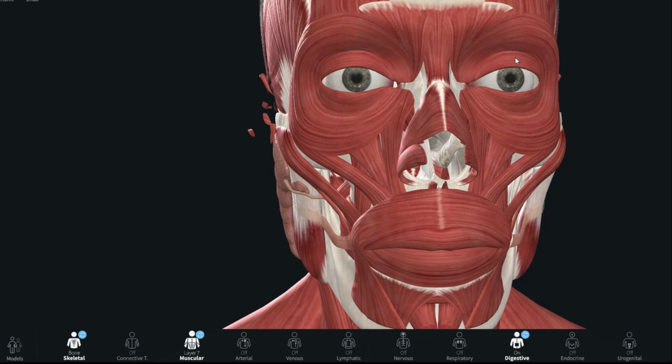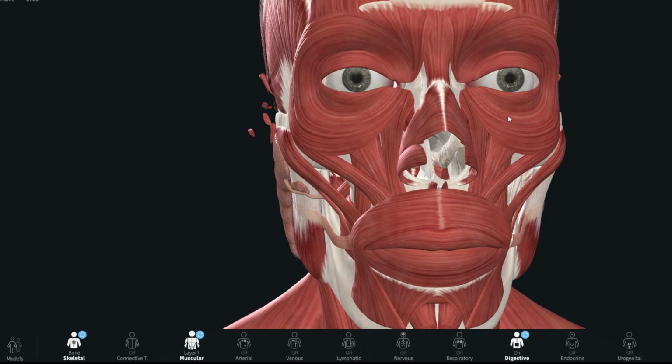Now, what is intorsion? You see, the eyeball has different kinds of movements. If the eyeball moves towards the midline, it's known as adduction. If the eye moves away from the midline, it's called abduction.